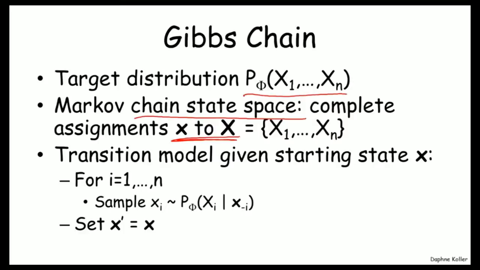So it turns out that the Gibbs chain is actually a very simple and easy to understand Markov chain. And here's what it does. Assume that I have a starting state, little x. What I'm going to do is I'm going to take each variable in its turn, using some arbitrary ordering, and I'm going to sample a new value for that variable given values for all of the rest.